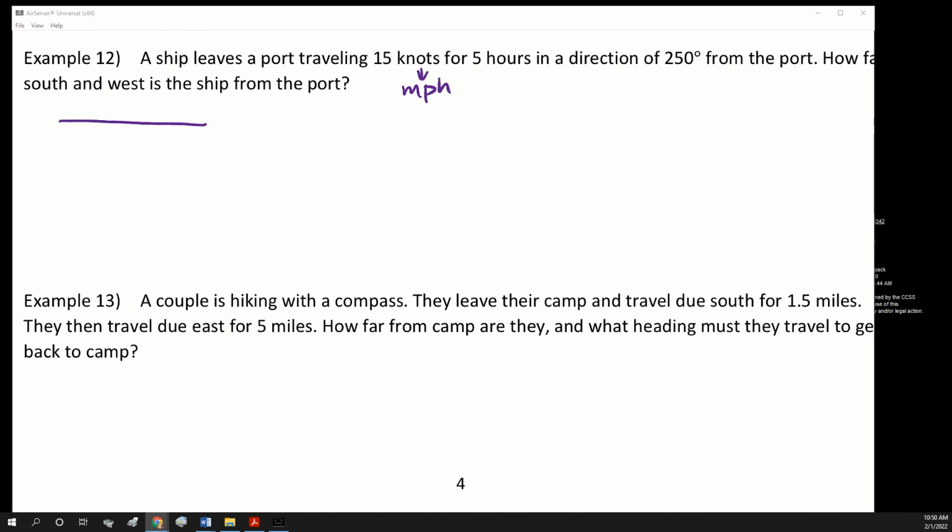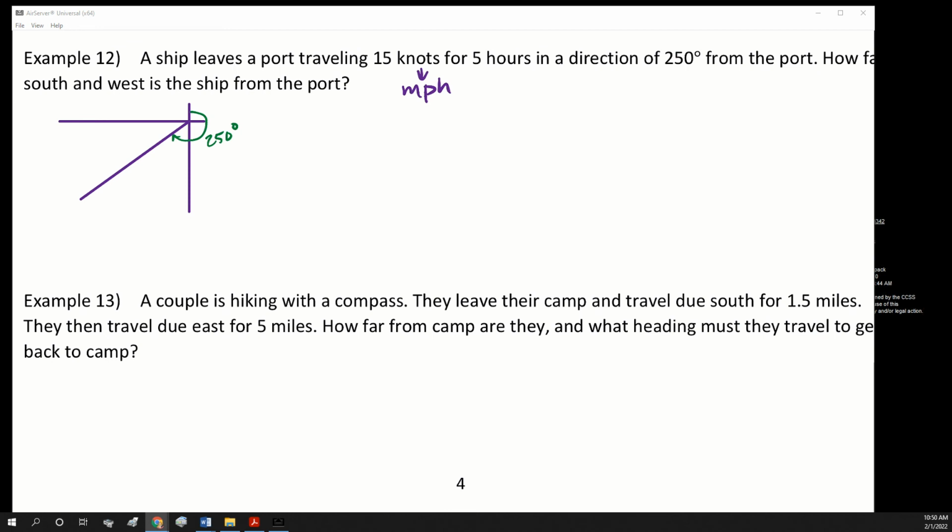So I would draw a little coordinate plane, drawn at an angle that points toward the southwest. What I know from my direction is that this angle is 250 degrees. I can't make a triangle out of that angle. So I can do one of two things, and they're both going to give you the right answer. They're just going to look different.